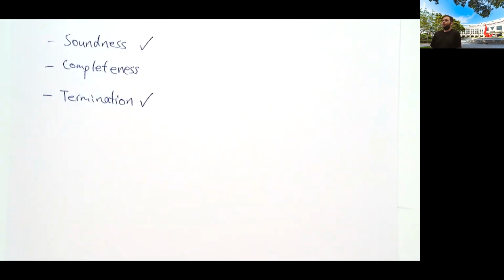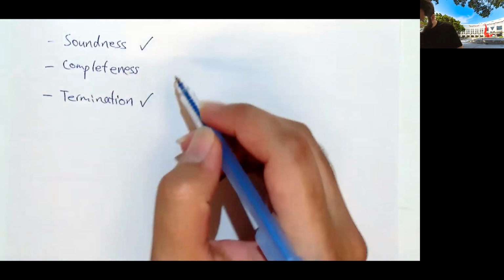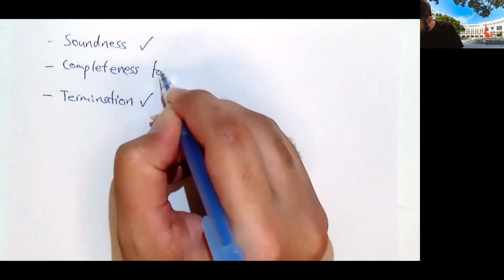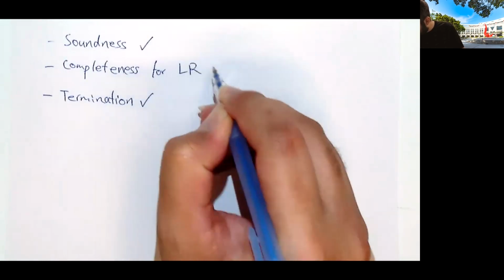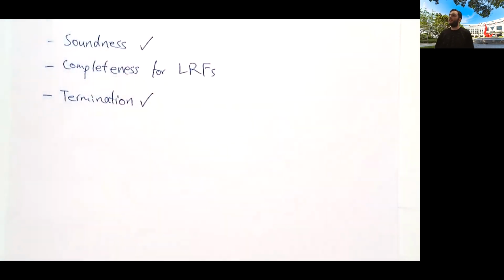Because the only thing that we know is that we don't have a linear ranking function. We don't know if we can have ranking functions of other types or not. So we don't have completeness, but we actually have something that is kind of better than nothing. We have completeness for linear ranking functions. So we have completeness in the sense that if a linear ranking function exists, then our algorithm would find it.